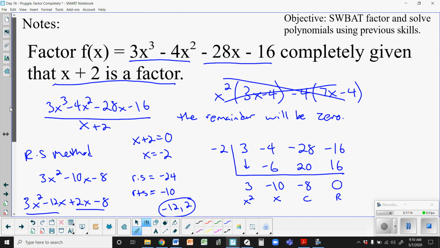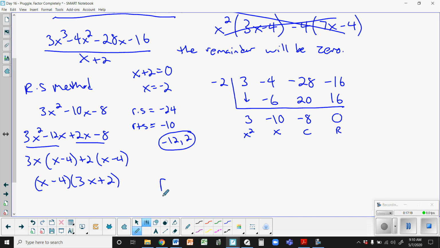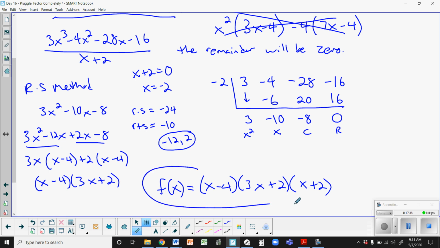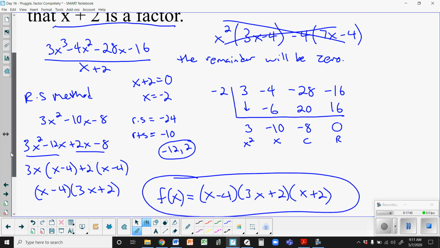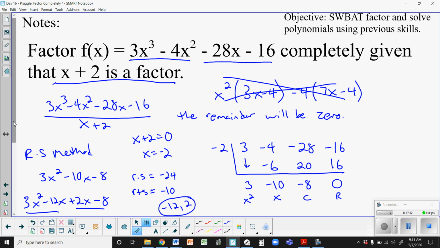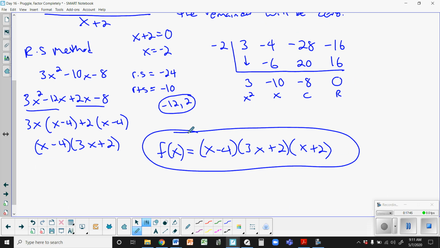And notice that it says that we want to factor this completely. So we really want to say that f of x equals these two factors and the one that it gave us. So the one that it gave us was this x plus 2. So it's really like we're writing it in factor form. So factor completely, we imagine that it's going to be written as factors, or in factor form.